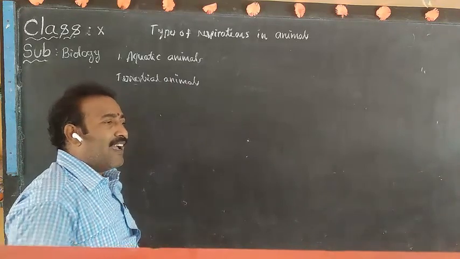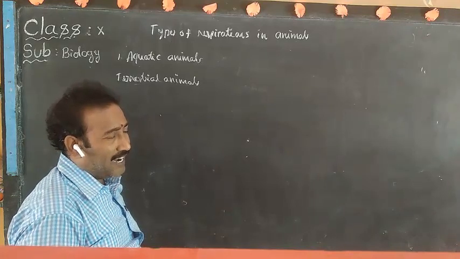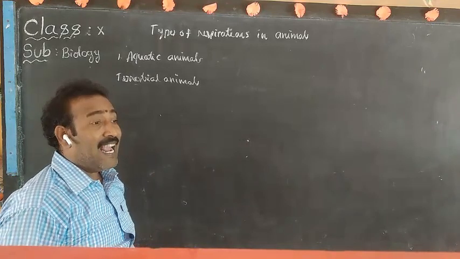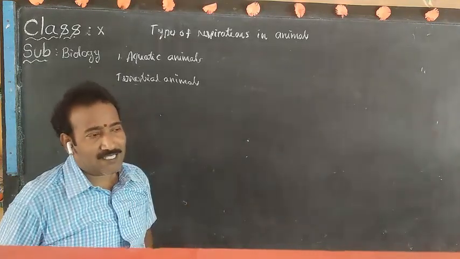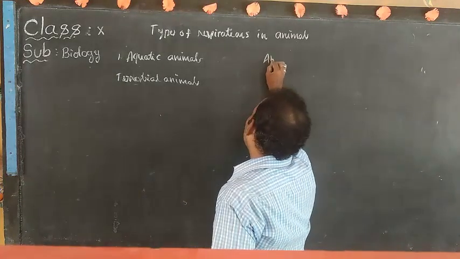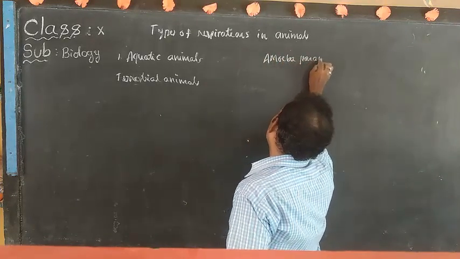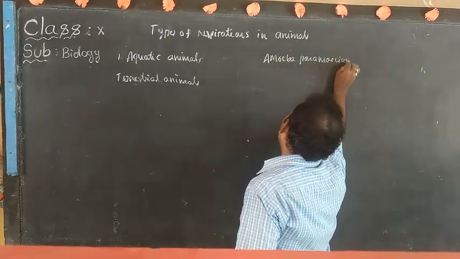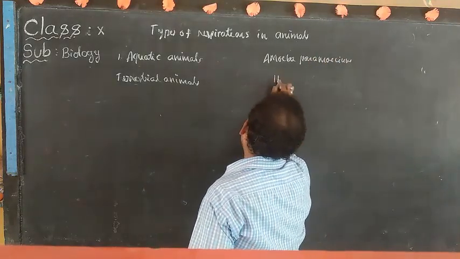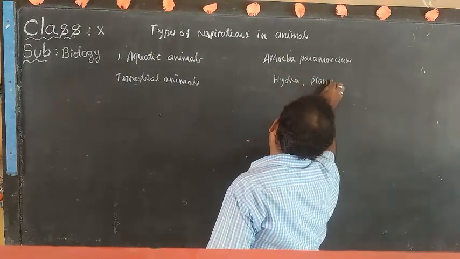Generally, in the poorly developed animals, like unicellular animals such as amoeba, paramecium, all the protozoans, and even some multicellular animals like hydra and planaria, platyhelminthes.